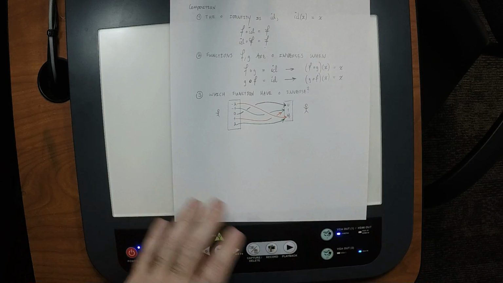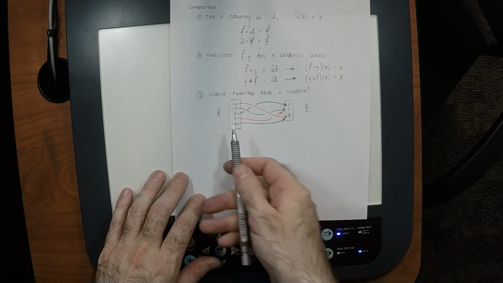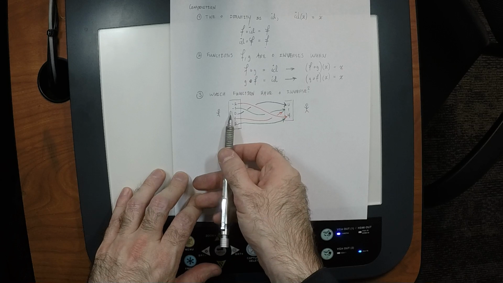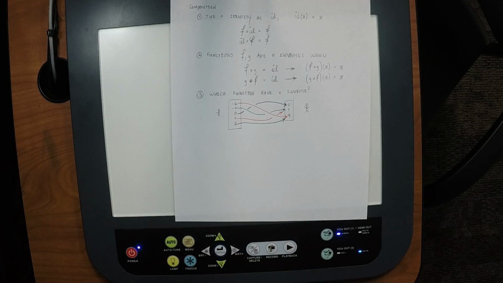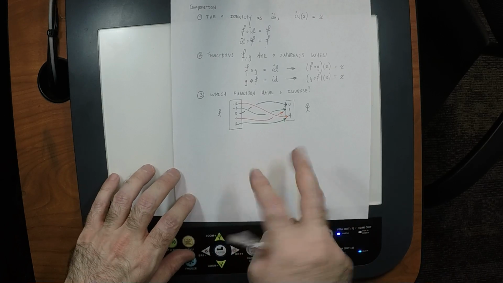So they do something, and suppose you witness that a 1 comes out. Do you know for sure what was put in? No, right? Because according to the rule, it could have been -1 was put in or 1 was put in, either one. So you can't tell, which means that you can't run this machine in reverse.